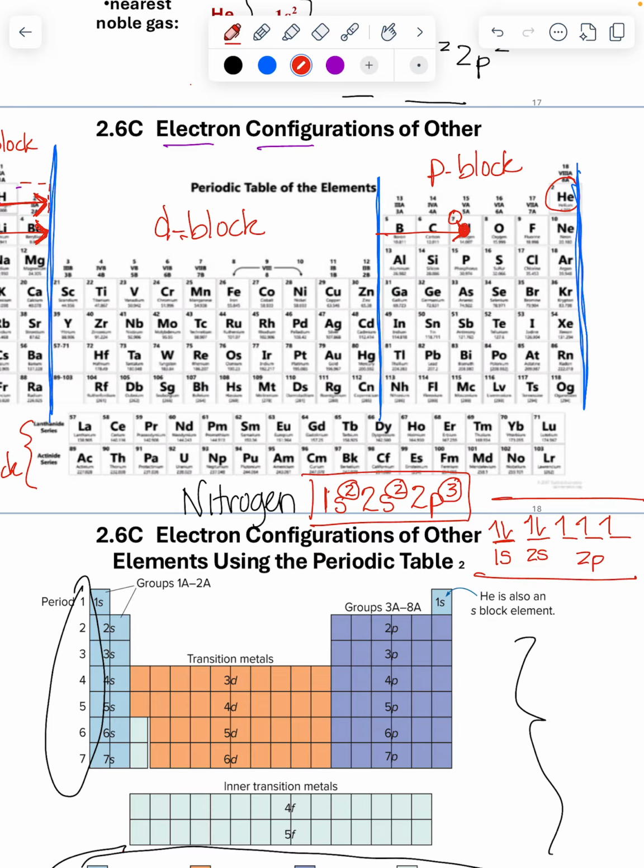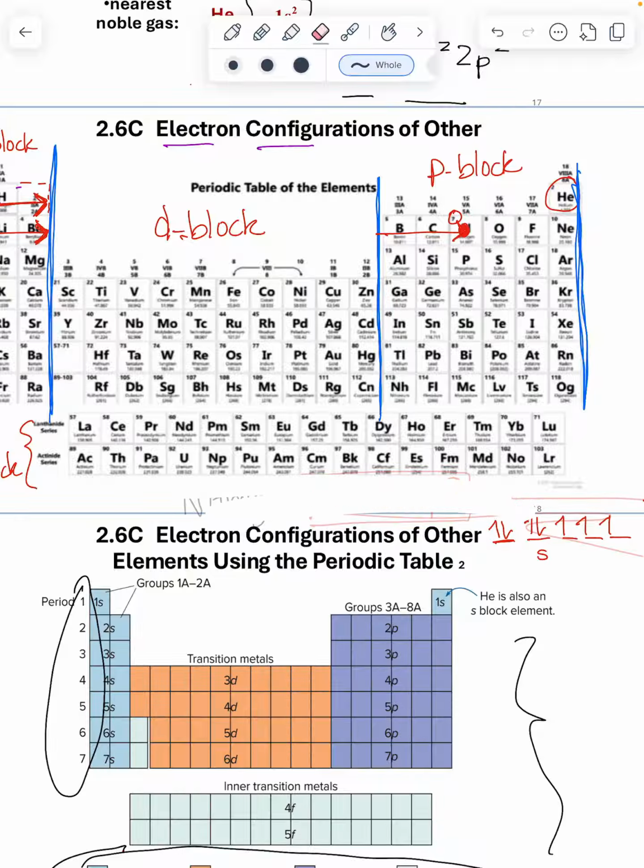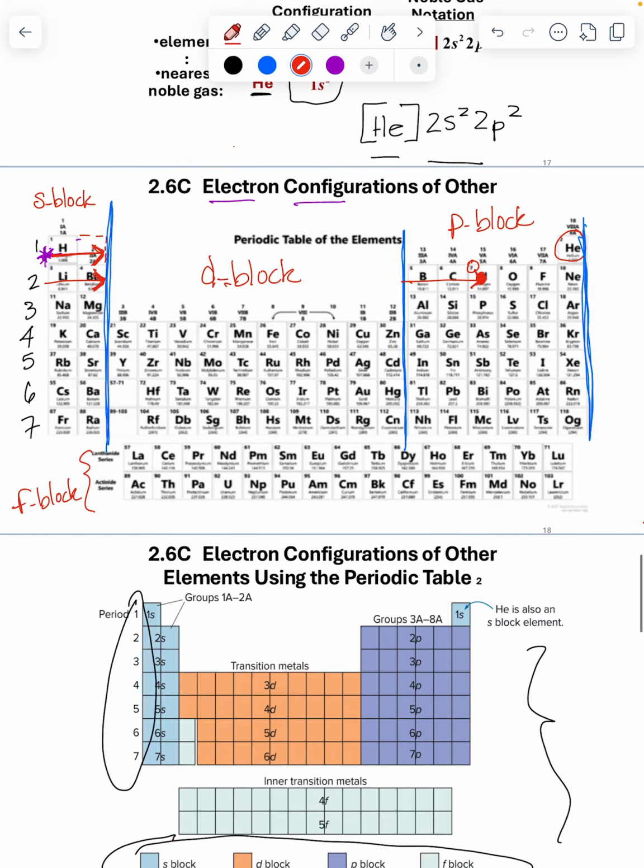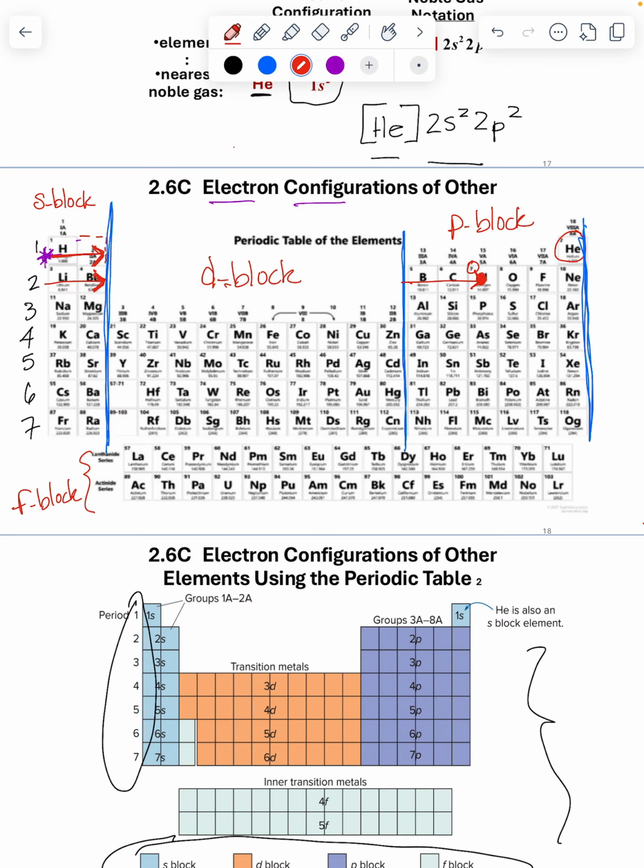All right, let's go through another quick example here, just to make sure you got it, and to show one way this periodic table method is going to be helpful. Let's try iron.